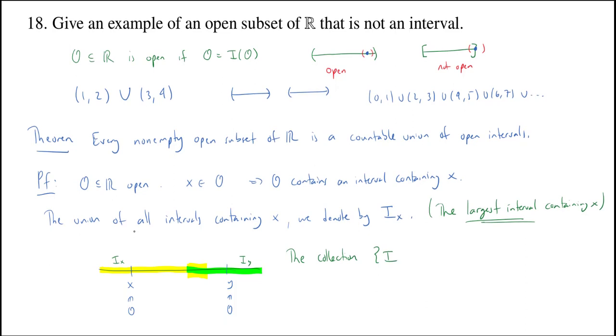Okay, so the collection, and since we don't want to use the specific x, we could use some indexing term. I think we like to use alpha in class.